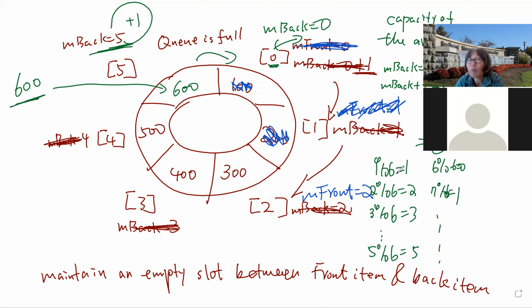Whenever you modulo 6, you can only get value 0, 1, 2, 3, 4, 5. That is the index value.